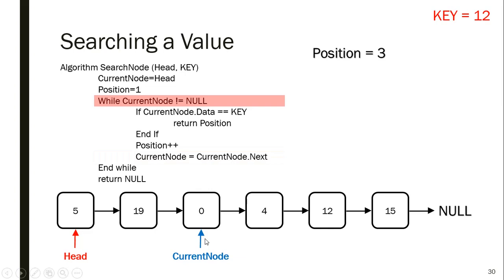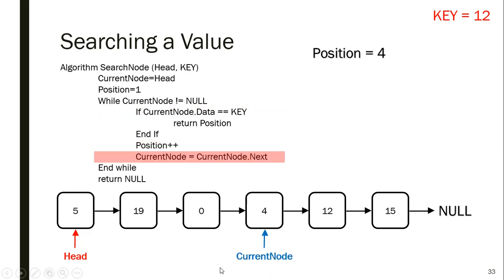Again the condition is true, the comparison is not true, position will get incremented, and the current node will move here. Still the condition is true, current node data is not equal to key, so position will be incremented and current node will move forward, or in other words move next.